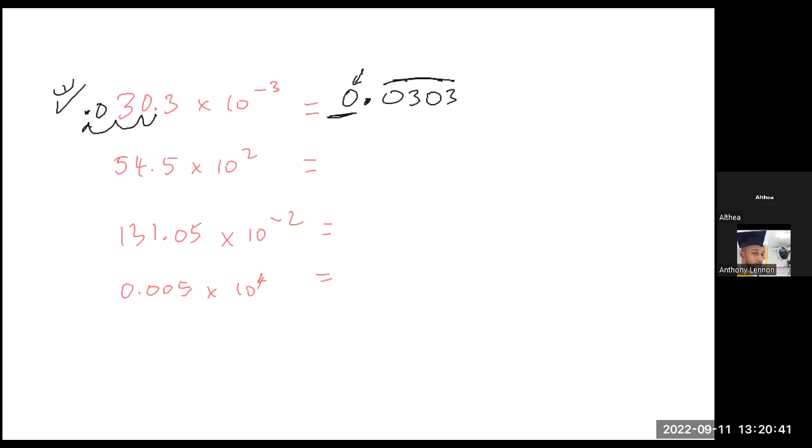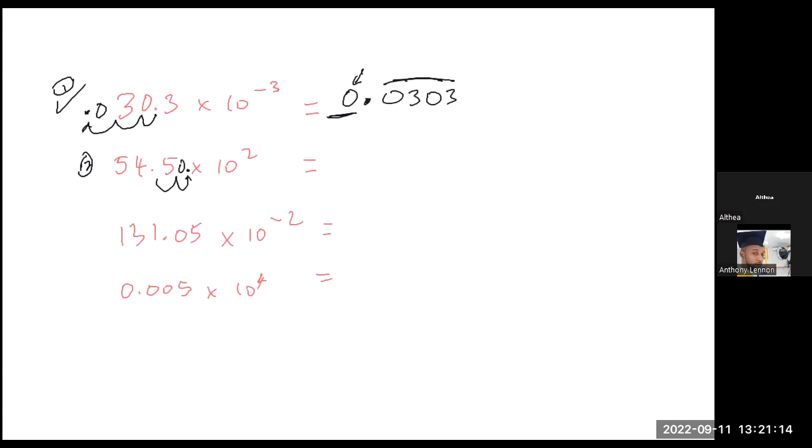Let's look at the next one. Ready? We're going to the right. So one place to the right, then 2. So the point goes here and a 0 goes here.